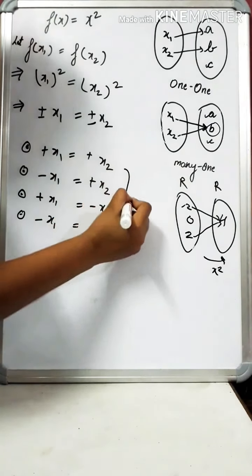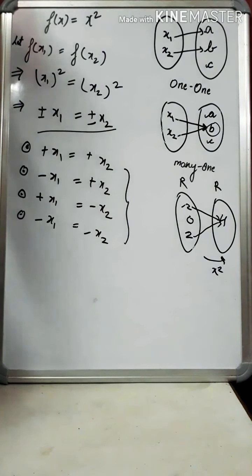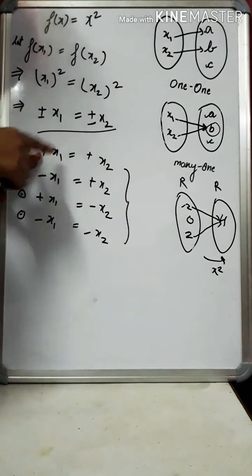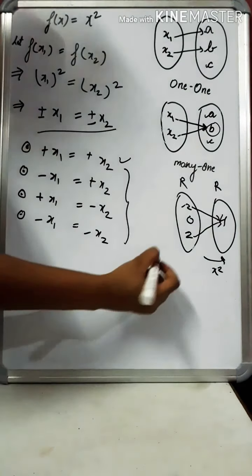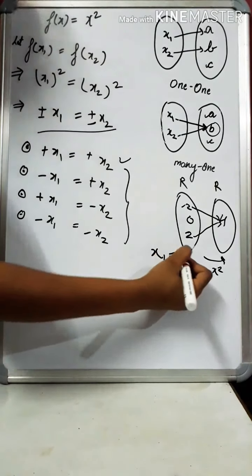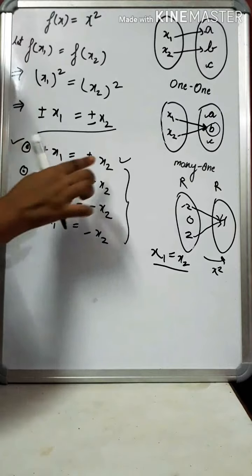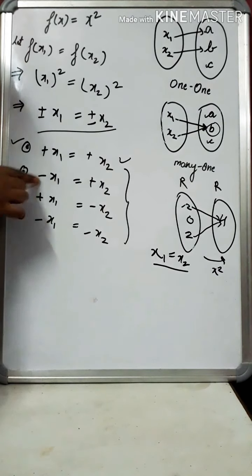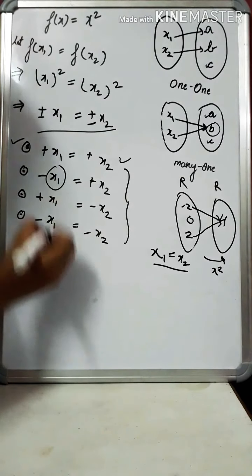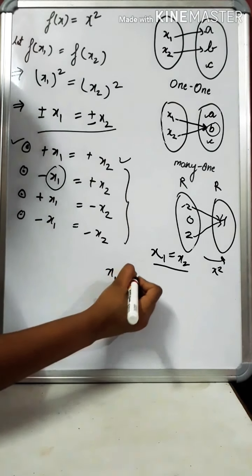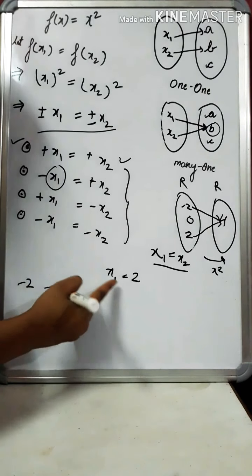Now there can be 4 combinations formed from this single statement. Now you see, for this, if we take this one, then it's true, because what we have to prove here is x1 is equal to x2 only. For 1 1 we have to prove x1 is equal to x2 only, right? So for this condition it's true, but you take this condition, it's not true, because minus of x1 will give you x2, means if you take x1 as 2, then minus of 2 is equal to x2.